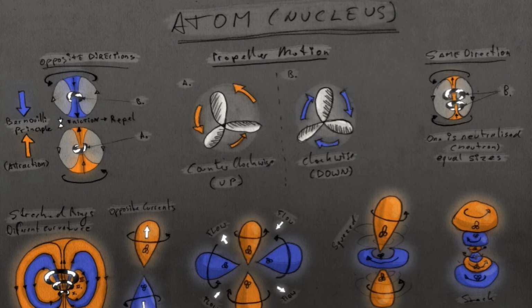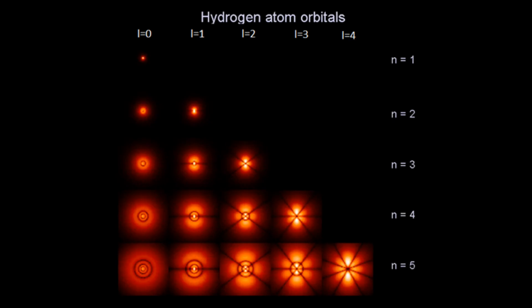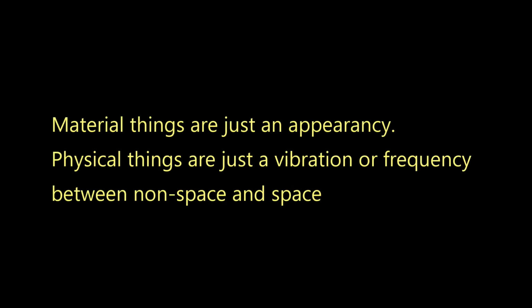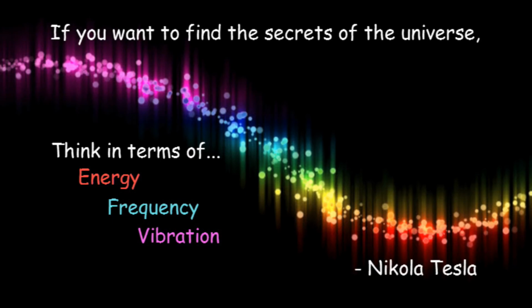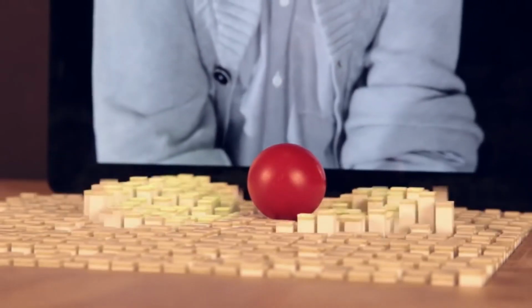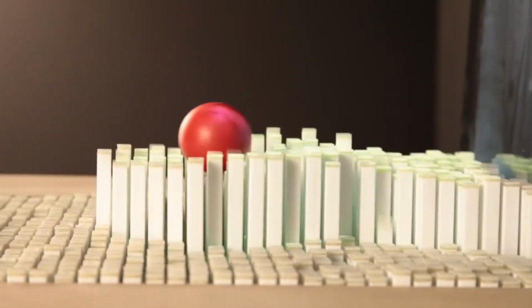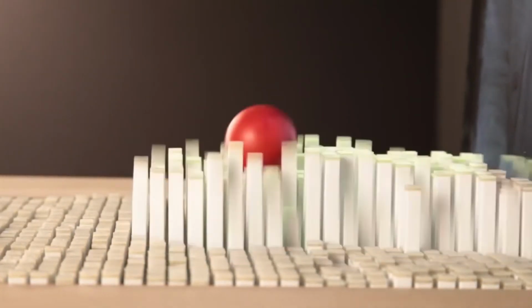We just assume that space is a solid and the particles of atoms and elementary particles are just the interplay between space and non-space. In other words, it's a falsehood. It just has the appearance of something solid, but in reality it's just a frequency or a vibration between space and non-space, the spiritual domain.